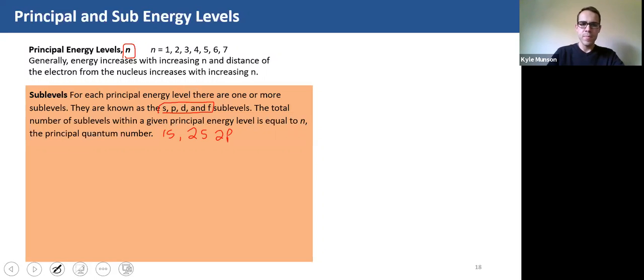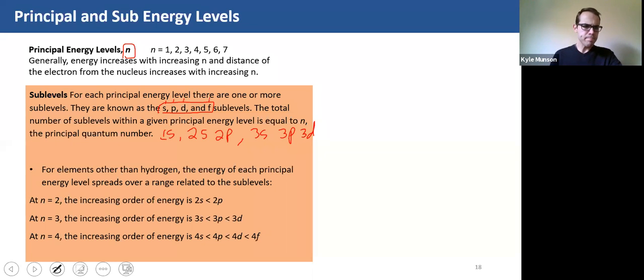Similarly, when N is equal to 3, you can have 3S, 3P, 3D. I think you get the idea. You keep adding on. But the key is whatever the principal quantum number is, that's how many sublevels you can have. You just count down the sublevels, 1, 2, 3, 4, to lay them all out.